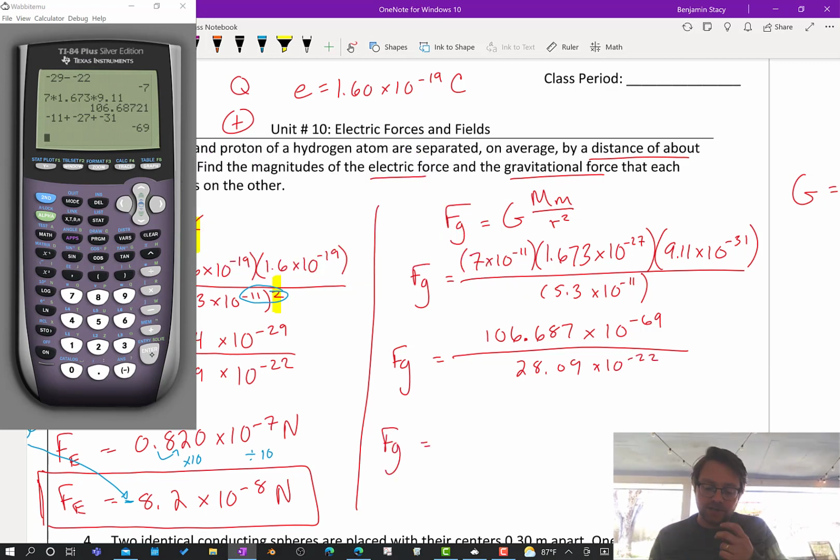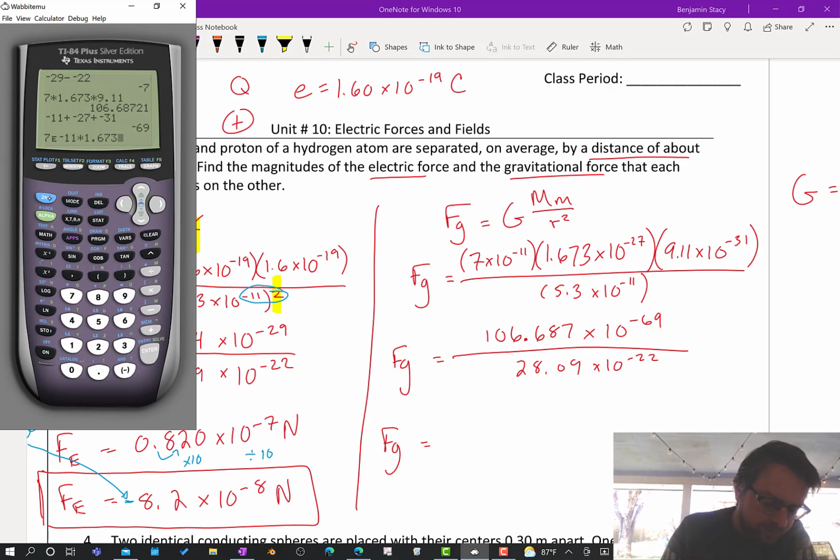Now let me just check my numerator real quick. Look at the calculator. 7 times 10, I'm using the times 10 function, capital E, our exponent function, to the minus 11 times 1.673 times 10 to the minus 27, and then times 9.11 times 10 to the minus 31.